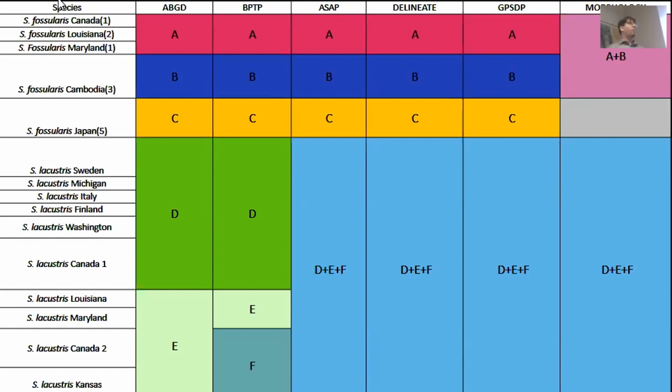For Stylaria Leucostris, however, it's 4 species or 2, 3, and 1 species. But with the vast majority being 1, that's what we think is probably occurring, but the data is just too ambiguous to show that these are actually distinct species. But for Fossolaris, we are pretty confident.